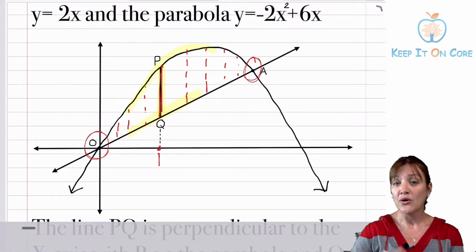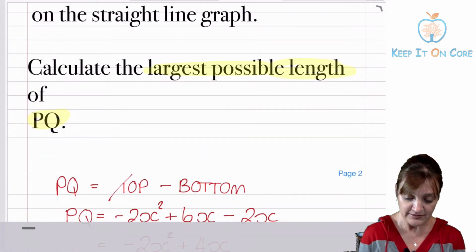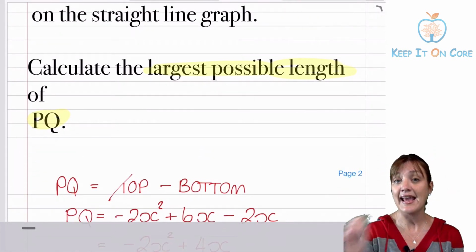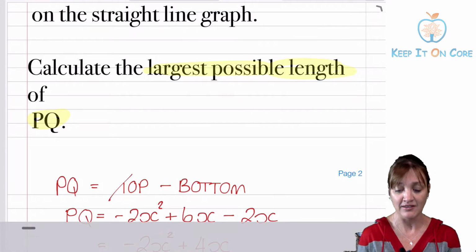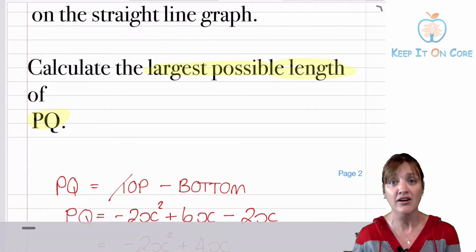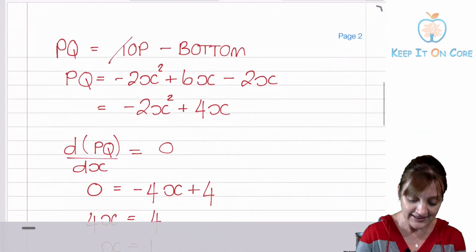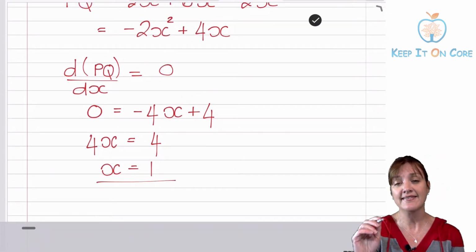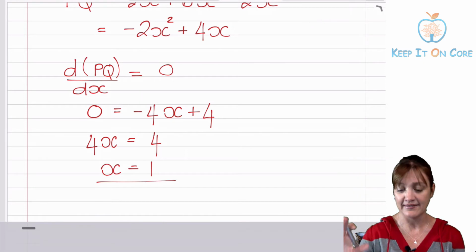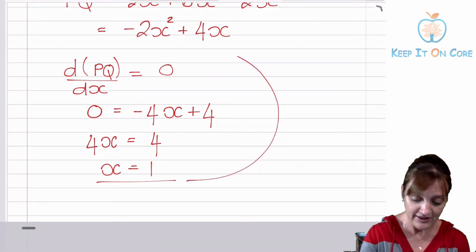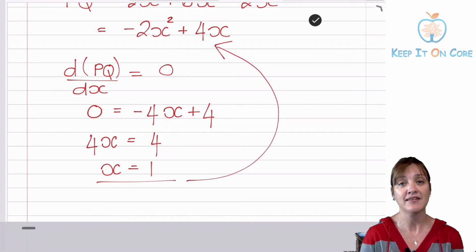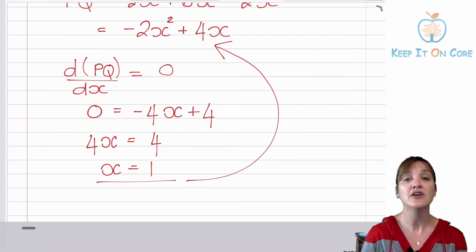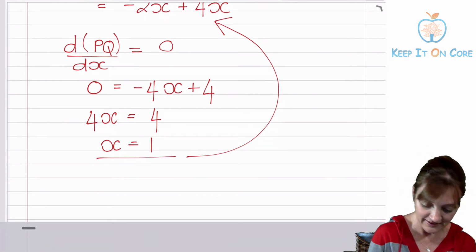All right, great, but is that what they asked me? They didn't ask me what is the x value where PQ is its longest. It says what is the longest value. So we're not done yet. If x is 1 at the point that it's its longest, we have to substitute it back into the equation for PQ to work out its actual length.